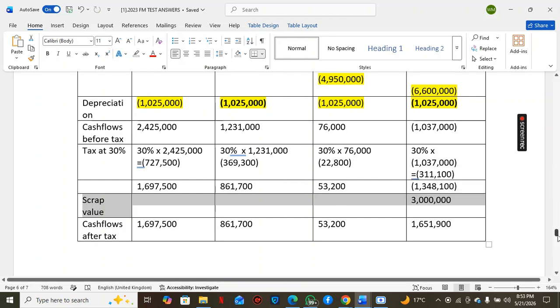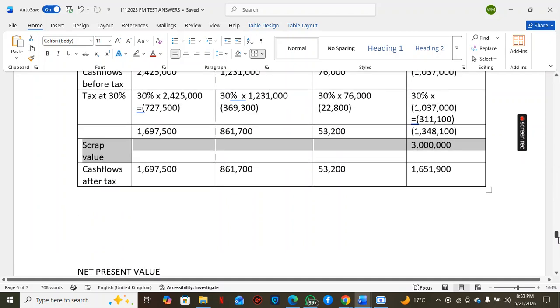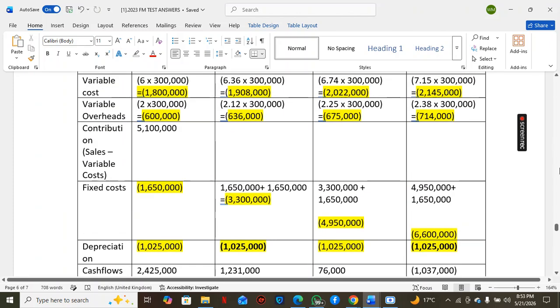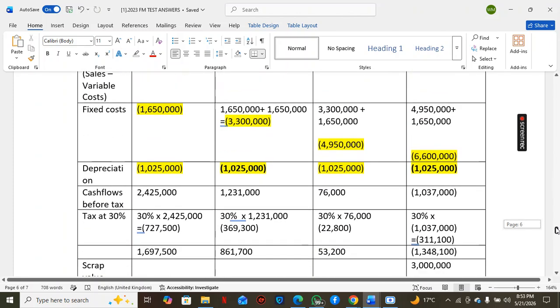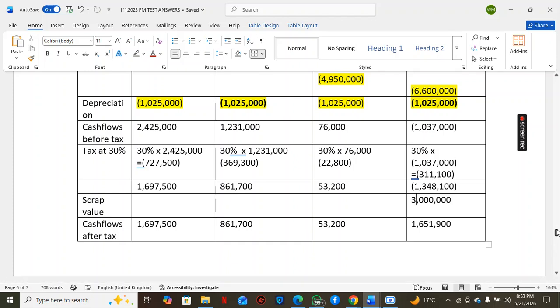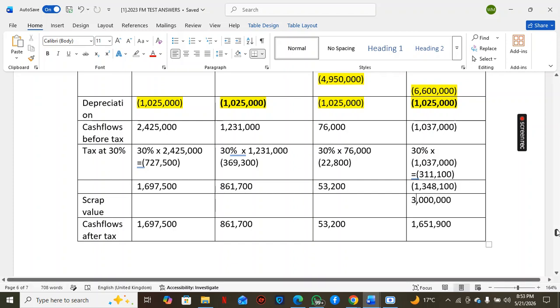I think I added them and we get 3 million plus. We're going to add it, as you're going to see, colleagues. That's scrap value, so the figure for year four that you'll be discounting is going to include that scrap value.